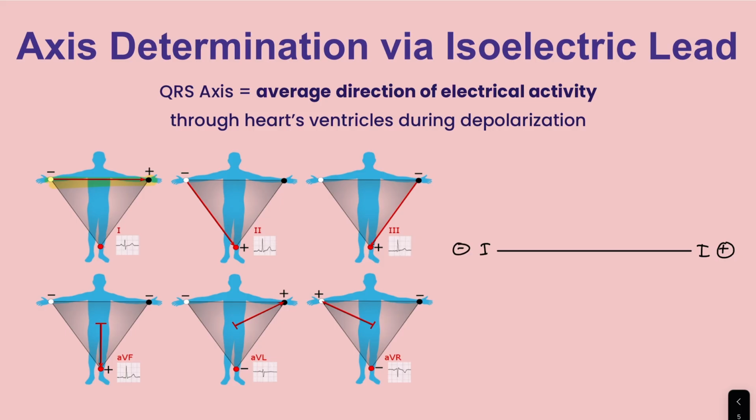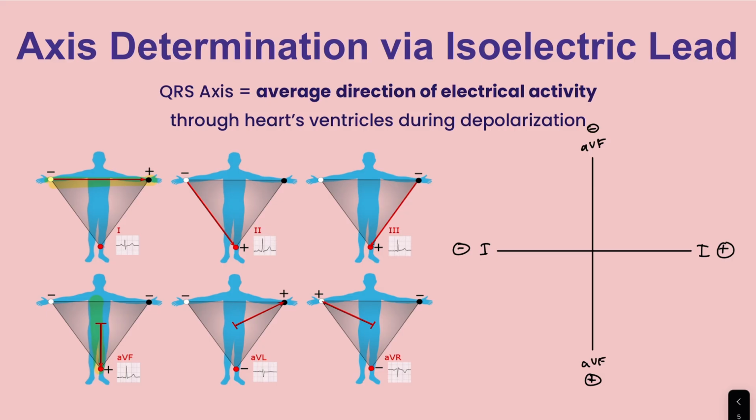Then we're going to do the same thing for AVF. Drawing our line here, let's transpose. This is going to be AVF.